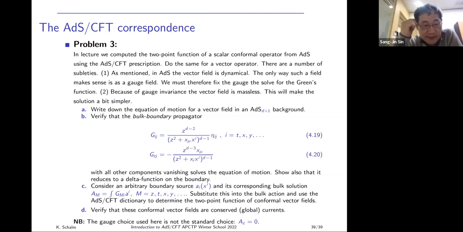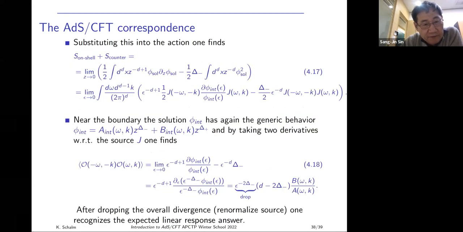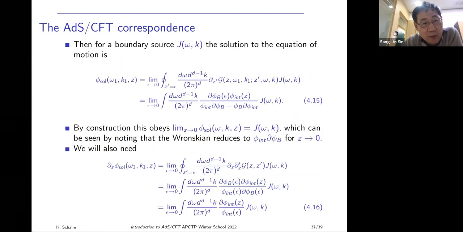I have one question, maybe. Sure, yes. About the dropping factor epsilon to some power. If you evaluated the initial action on the previous page, maybe a few, and that was completely finite, right?